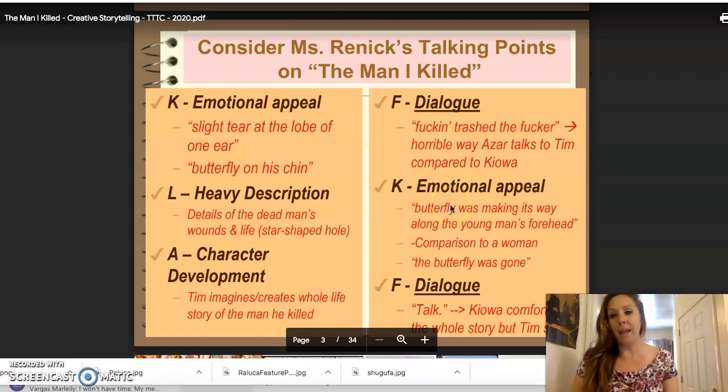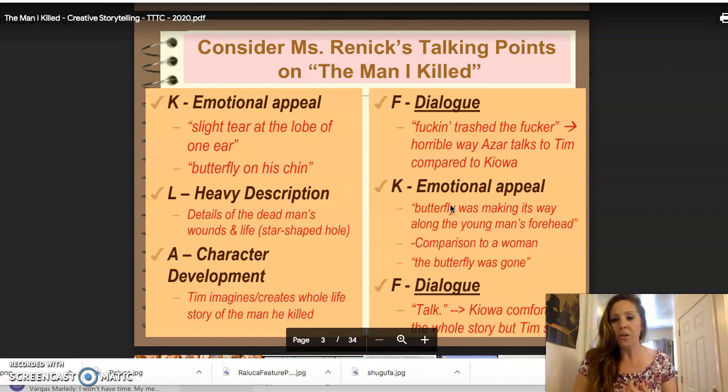And then I come back to that emotional appeal, because throughout this continuous storytelling in Tim's brain, what he's seeing, what he's thinking, the butterfly returns, and it describes how it made its way along his forehead. And then it talks about his comparison of this boy to a woman, his shapely fingers, and his eyebrows like a woman.